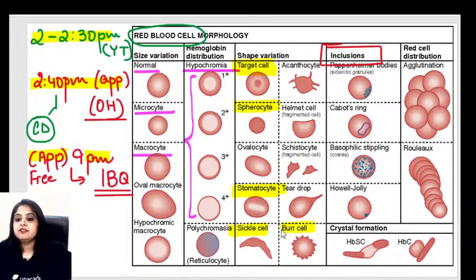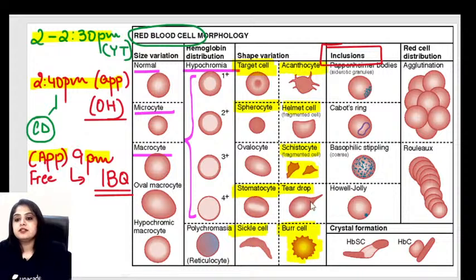Then look at these. You have these blurry cells. The Burr cells, B and E were looking the same, so that was echinocyte. Then you had the spiky cells. Those were the acanthocytes. Then you had all broken cells, which were the schistocytes. And if they are broken in the form of a helmet, then you call it a helmet cell.